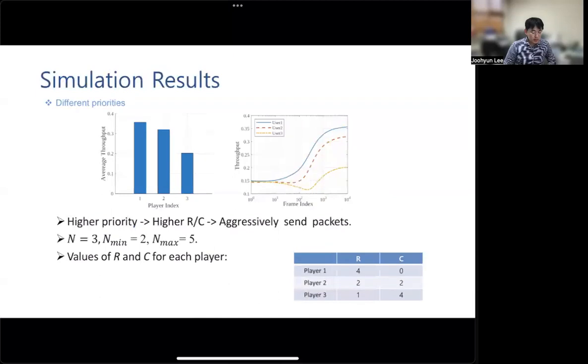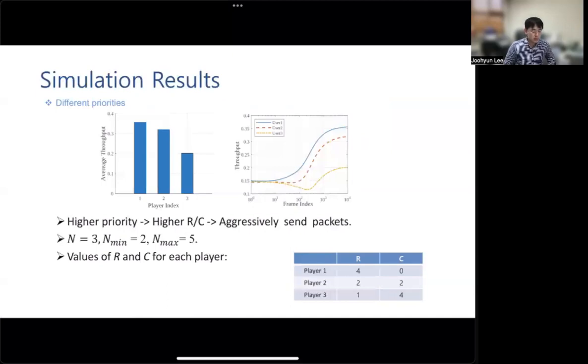Another simulation we had is that we may have different priorities. Maybe one node may have a more important application.